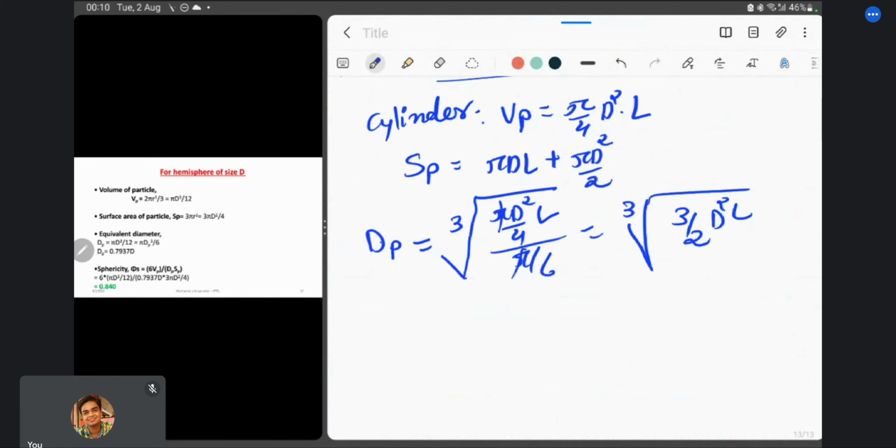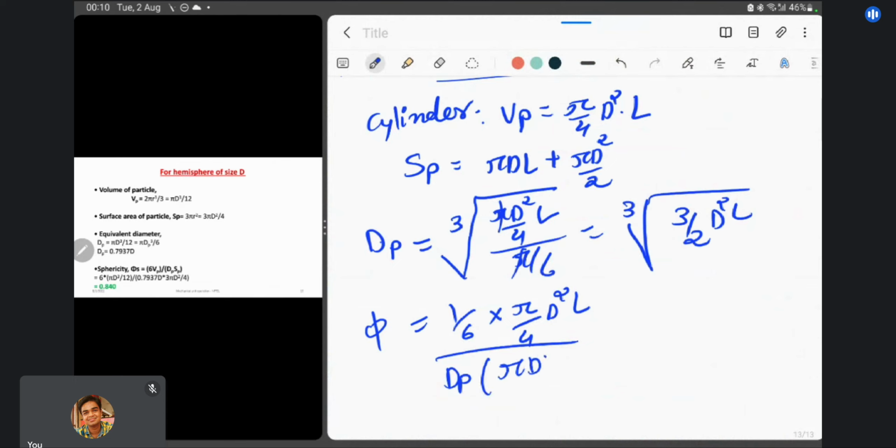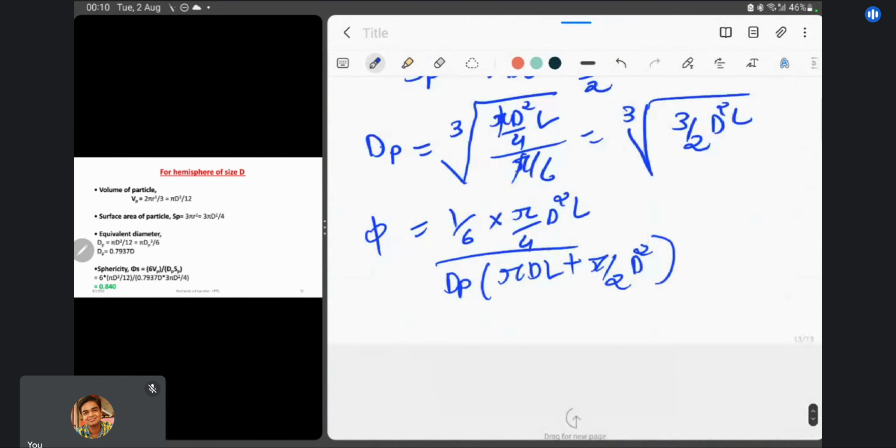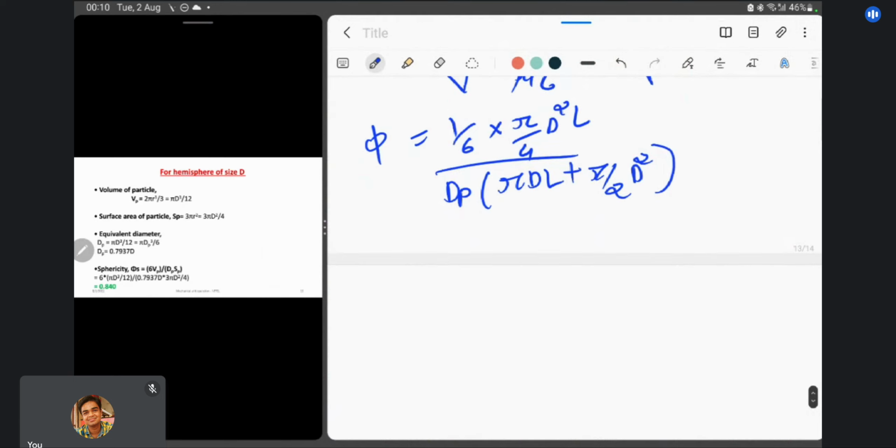Now, what is the value of phi? For phi we need to put all the values which we discovered: 1 by 6 pi by 4 d square L in the numerator, and dp in the denominator, plus pi by 2 d square. This is the equation of phi.